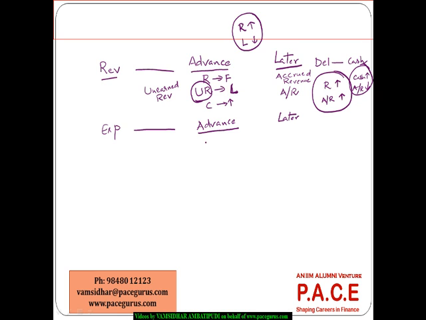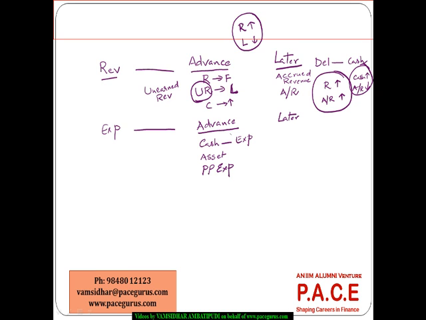The same logic again, in terms of expenses: advance payment of cash is done. Which means the actual expense is not for the current period, the actual expense is for the future. So initially there is a cash payment, and the expense would be at a later date, which means right now it's an asset, and it would be treated as prepaid expenses.